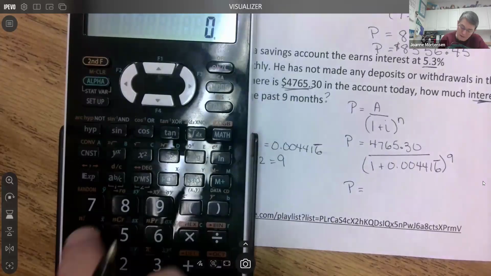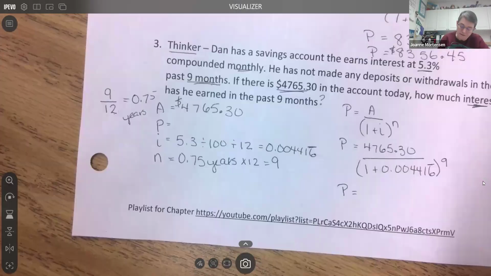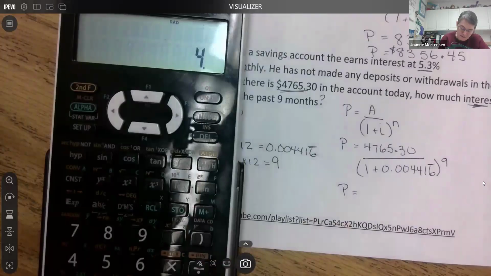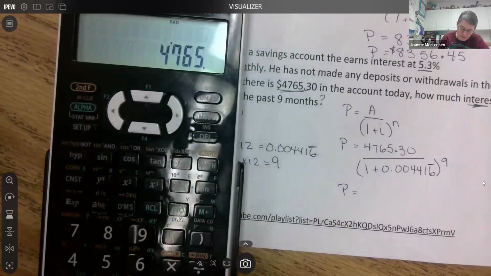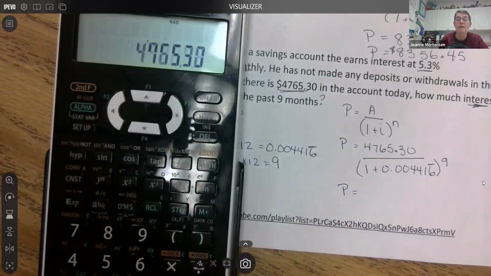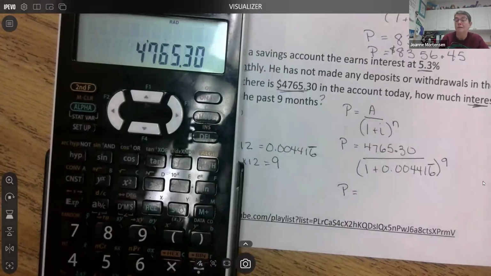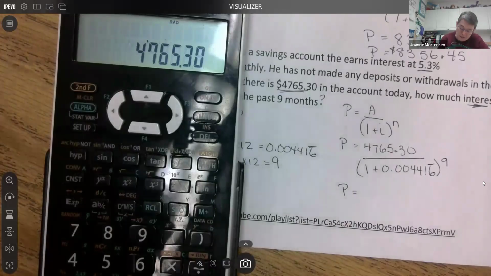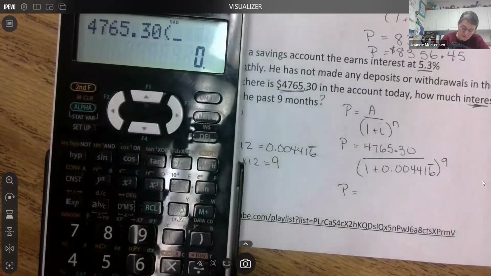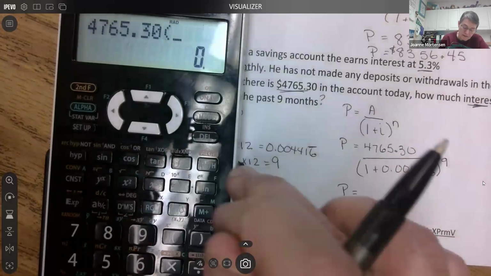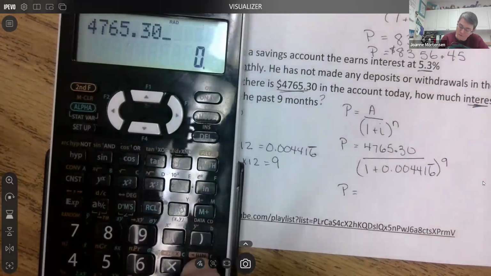Okay, did I change numbers yet? Starting to question myself. 4765.3, right there for anybody that wants it. I don't need that 0 there, but I'll put it there so it looks pretty. Oops, screwed up already. Delete. Aha, I remember I used the button.